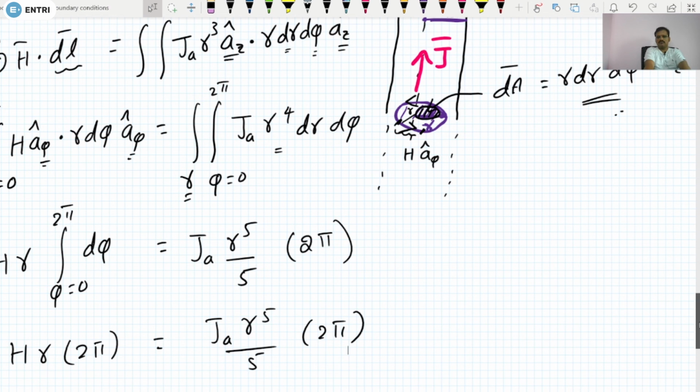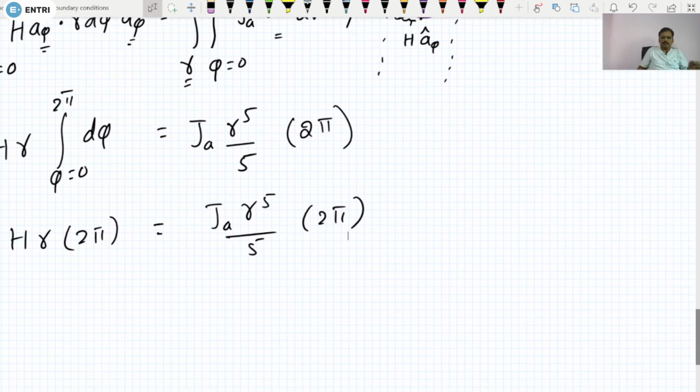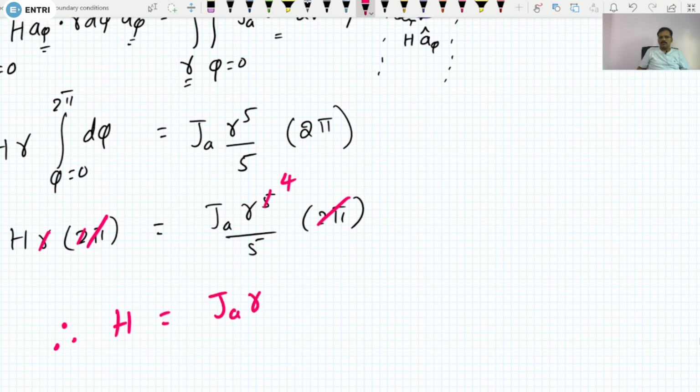So now it is simple calculation to determine the H value. So what we can do? Here 2 pi and here 2 pi will get cancelled. So here 1 r and here 1 r will get cancelled. Therefore, you are going to get H is equal to za into r power 4 divided by 5 ampere per meter.